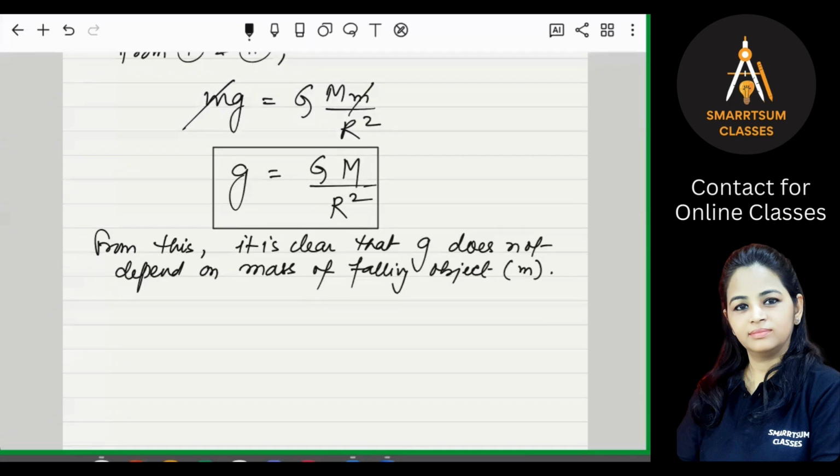Okay, so as the distance of an object from the center of the celestial body increases, the value of g decreases. So if we increase the distance of the object from the center of the Earth, g starts decreasing. And if we talk about the poles, Earth is flattened at the poles.